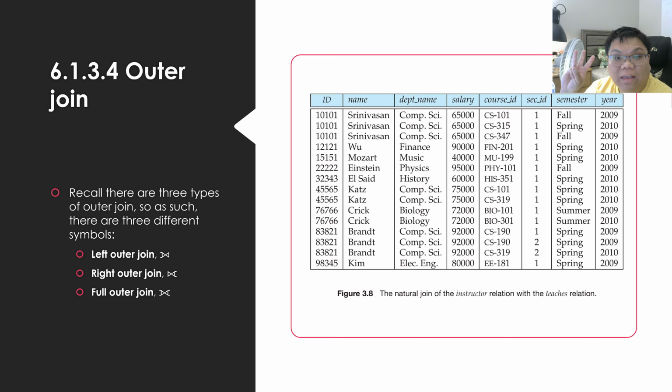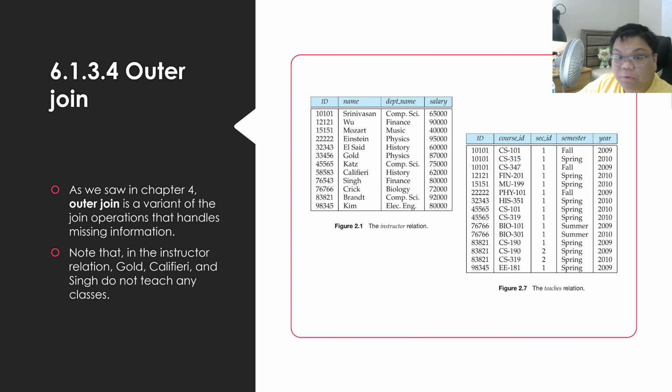Remember, outer join is a special join operation in which, if there are tuples in one relation that have no corresponding tuple in the other relation, we force add those tuples and pad the missing information with nulls.